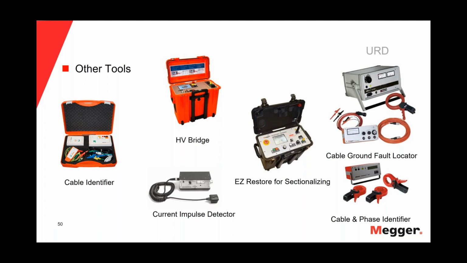So that's one of the tools that would be of interest in some situations. Looking down at the bottom of the picture, here's the current impulse detector. Henning talked about this type of device. This is what you would use for current chasing in a branched network system. And sort of in the middle of the picture, the black Pelican case unit is our Easy Restore.